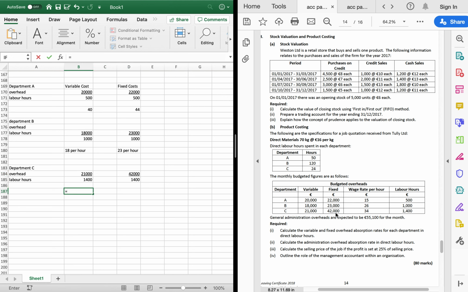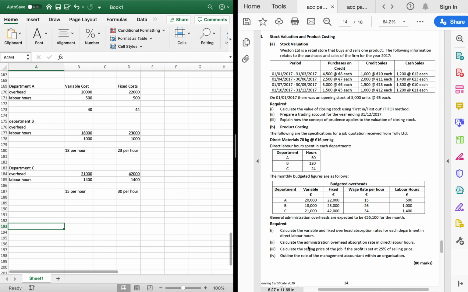So take our 21,000 and divide it by the 14, and that should be 15 an hour, something like that. And then 42 divided by 14 would be double that, so it'll be 30 per hour. And that's how it's all calculated. So that's part A done, nothing too hard about that.